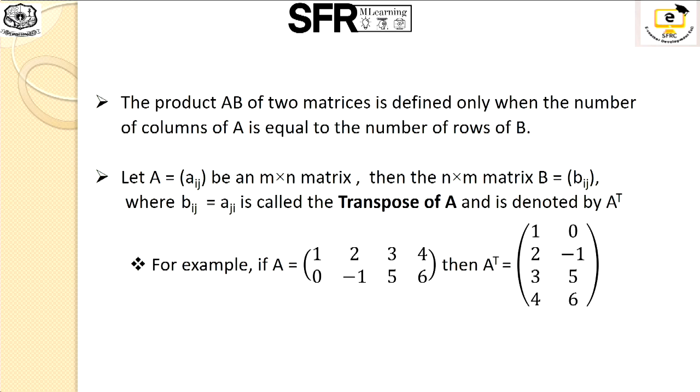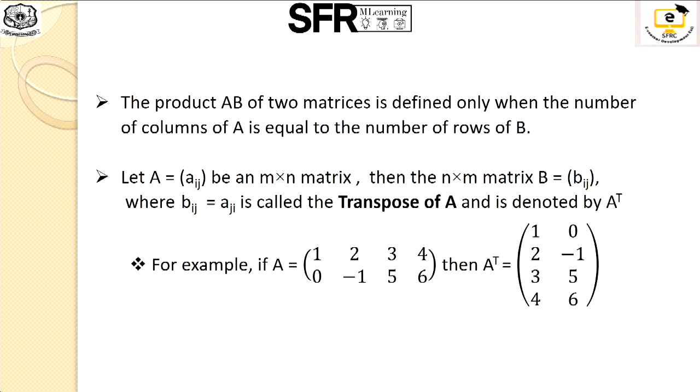If you have an m cross n matrix, then the transpose matrix is of order n cross m. Symbolically, the entries of the matrix B will be Bij equal to Aji, and it is denoted by A transpose, A superscript T. You can see the example. The matrix A has first row 1, 2, 3, 4 and second row 0, minus 1, 5, 6.